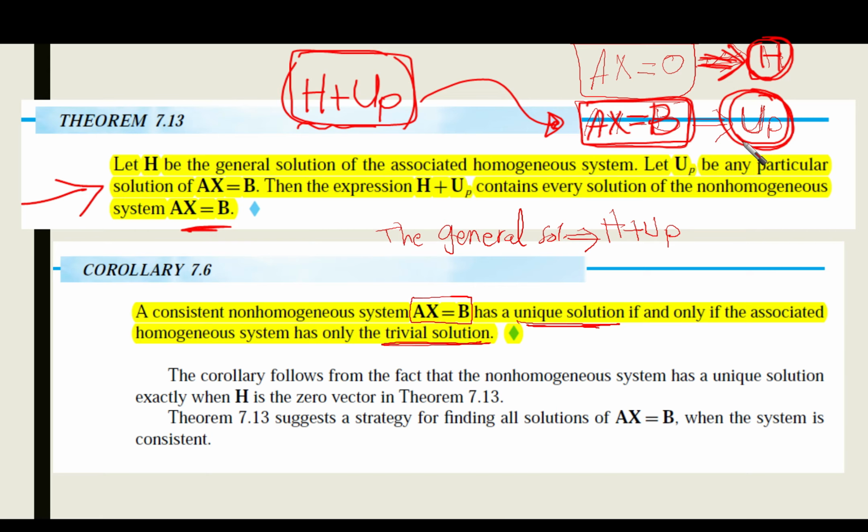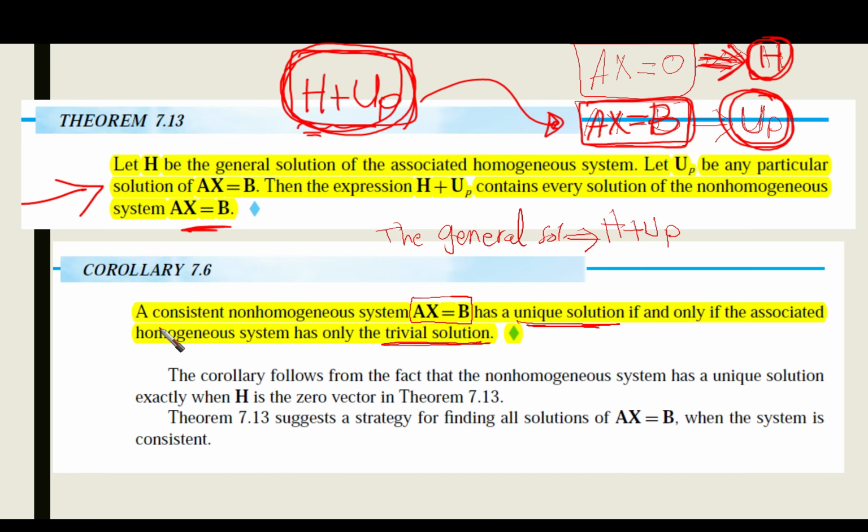Whenever we solve the non-homogeneous system, we need a general solution, a type of solution that contains every possible solution for the non-homogeneous system. This one, H plus UP, contains every possible solution for the non-homogeneous system.